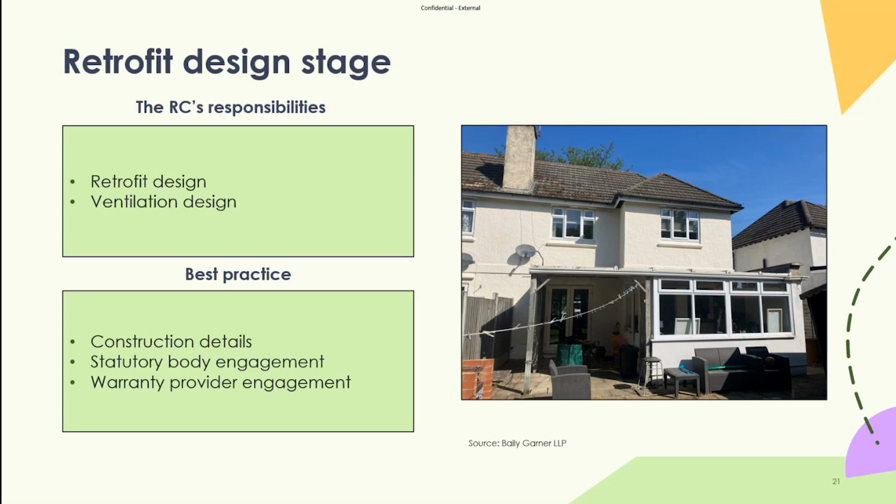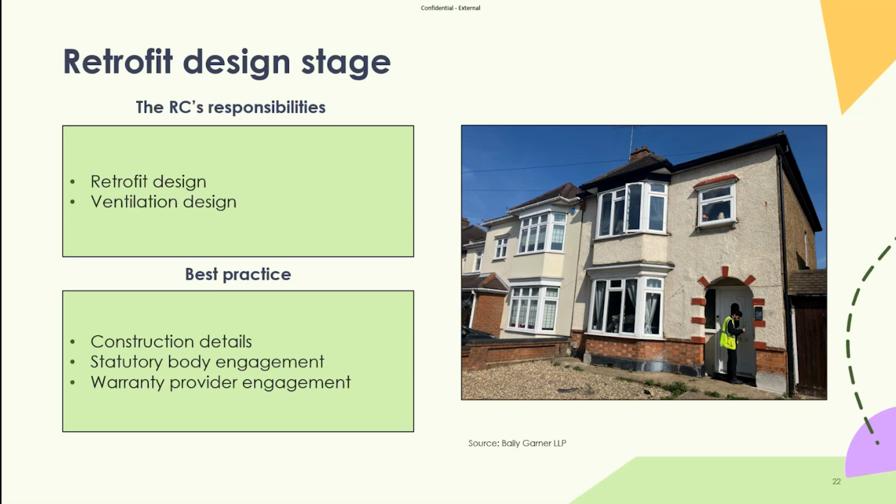And that can be said again for the property on the next slide, which again, similar idea. We're treating this with external wall insulation. You can see our retrofit designer curiously measuring that internal area and working out how we're going to treat that area to manage thermal bridging risks.